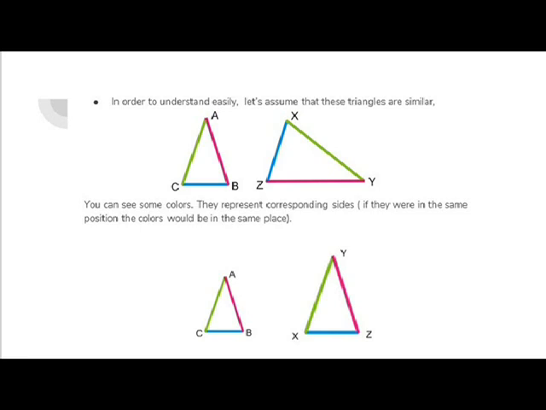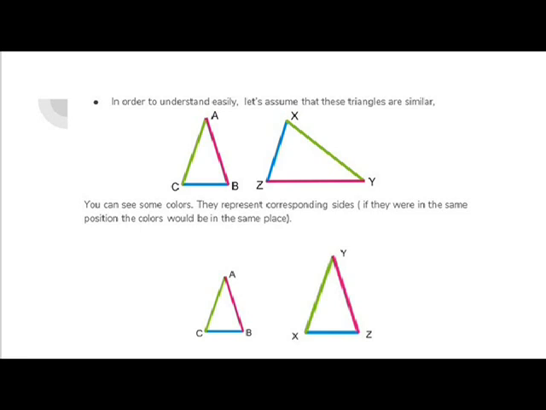The base is CB in the small one, and the base in the big one is XZ. So you can see the difference. Now we have a small triangle and a big one, but they are similar. They have the same angles, but they don't have the same sides.